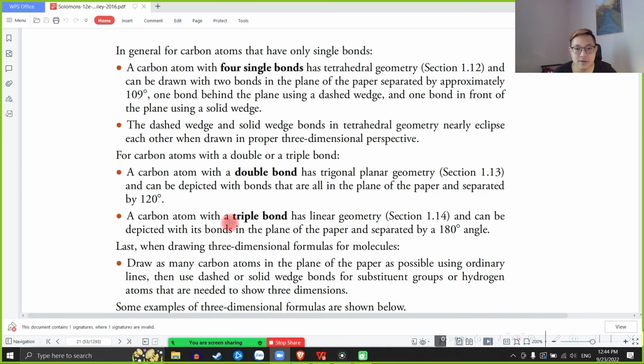For the case of double or triple bonds. For double bonds, it means that the carbon can now only connect to 3 things, right? Yeah. Because look at this one. Now the carbon can only connect to 3 things.